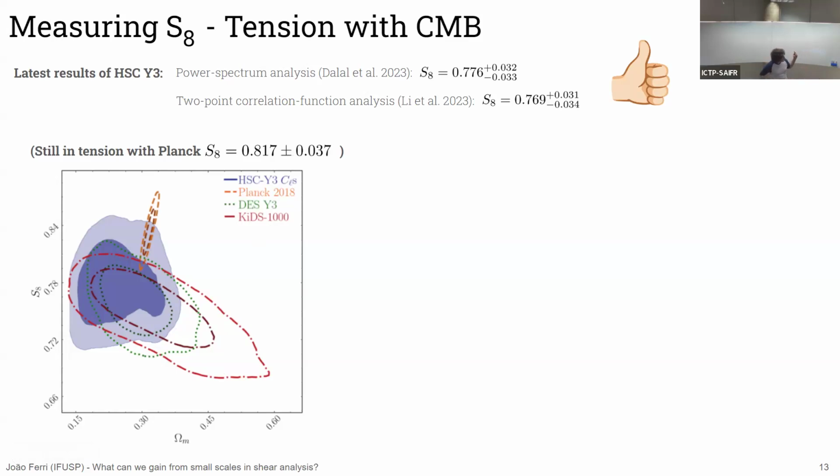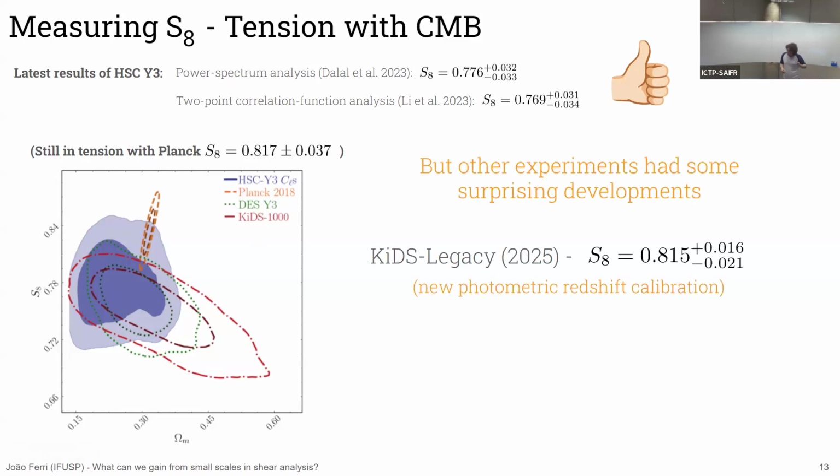But recently, there were some very interesting developments in this whole S8 tension drama. For example, earlier this year, KiDS Legacy was released, and they did something about the photo-z calibration, and then reported an S8 value which is basically on top of Planck.